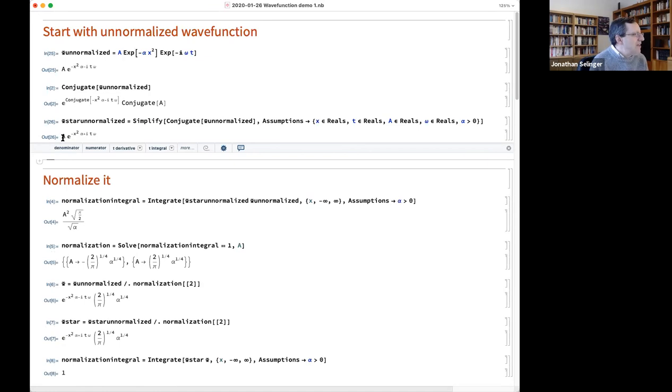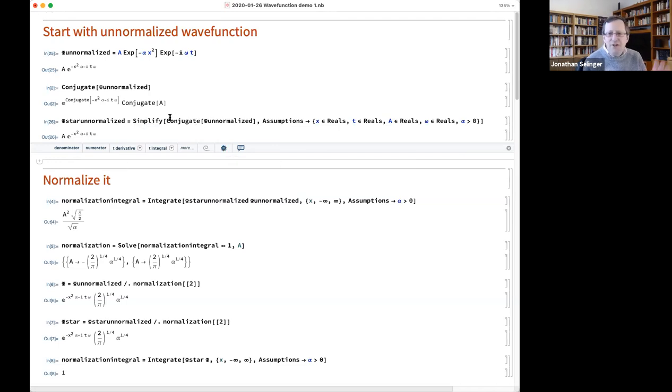By the way, in the class yesterday, I pointed out that the A can actually be complex, but for the moment, I'll just assume that A is real, and that makes things easier. But in general, the amplitude A in front of everything can be complex.